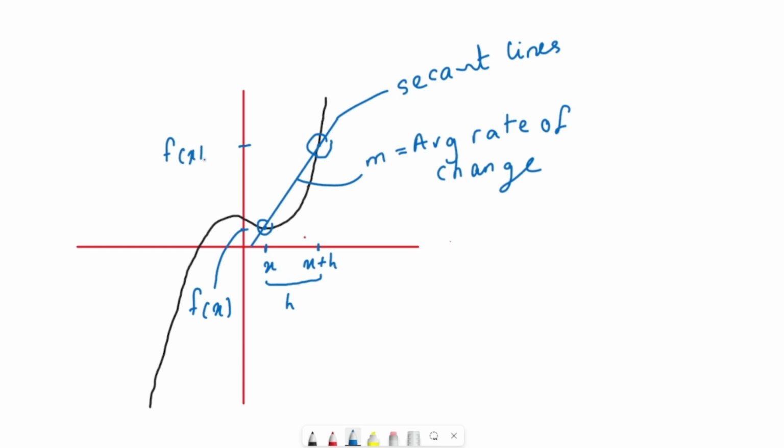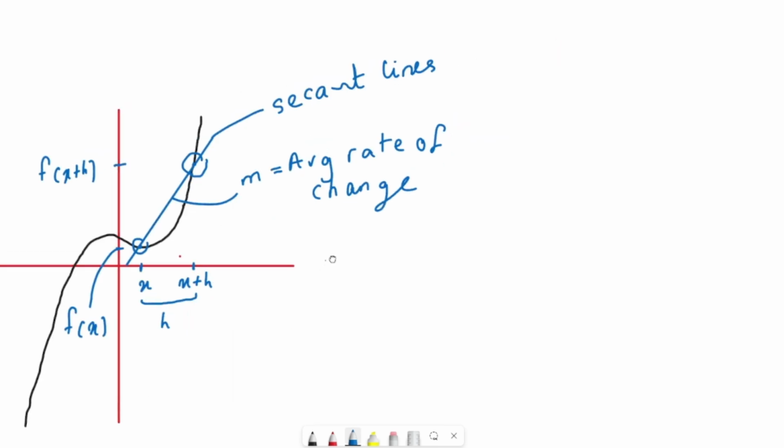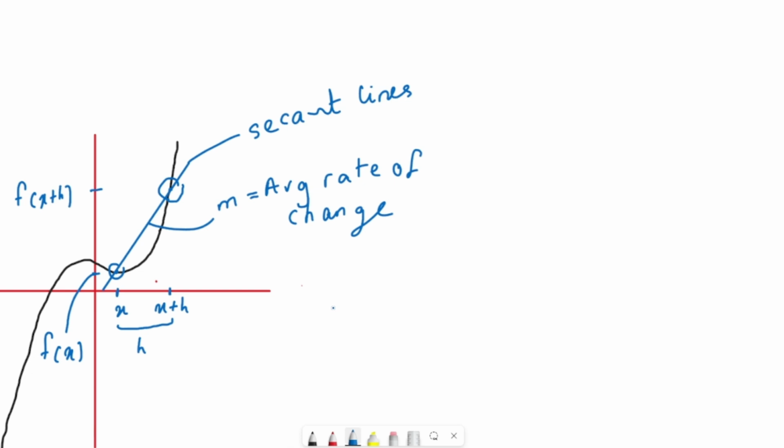So now, if I were to write the average rate of change, the gradient between these 2 points, using the gradient formula we already have, m is equal to y2 minus y1 over x2 minus x1. So I'll take the second coordinate as the second point.